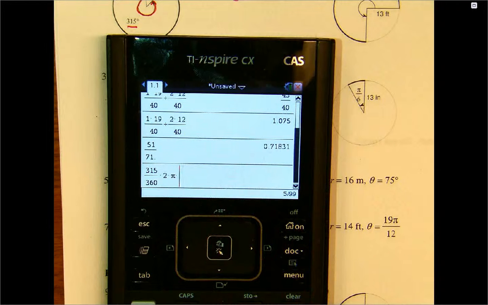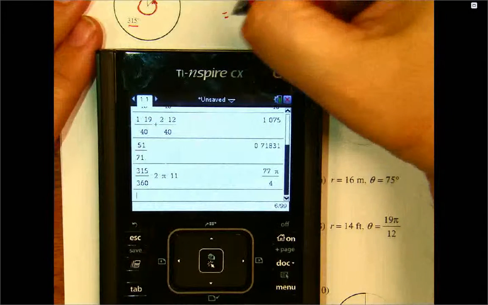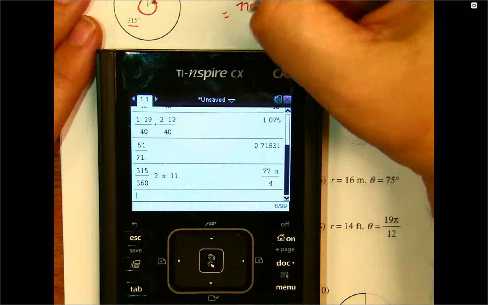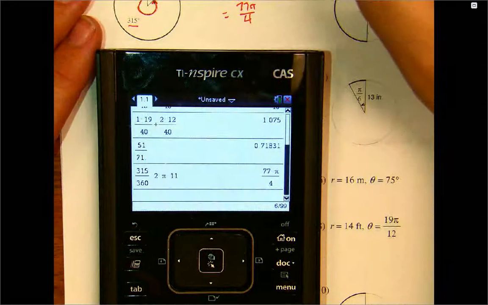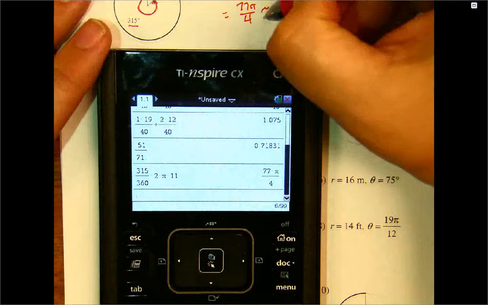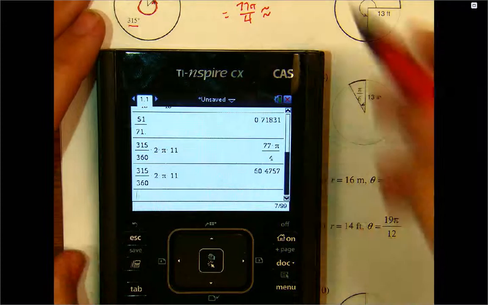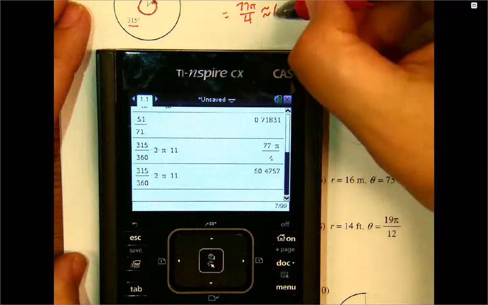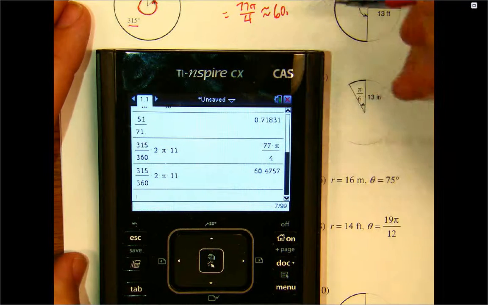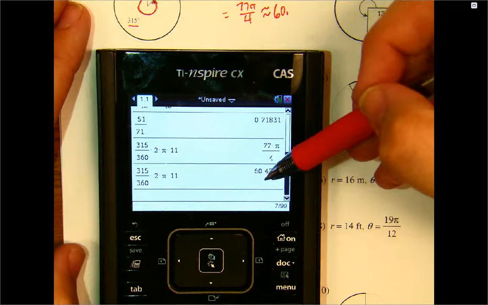11. Now, if you just hit enter, it's going to give you the exact value, which in this case would be 77 pi over 4. But it says we want it to the nearest tenth. So this would be approximately, we'd hit control enter, and this would be 60 point, now we have 47, that 7's going to tell us to round the 4 to what?